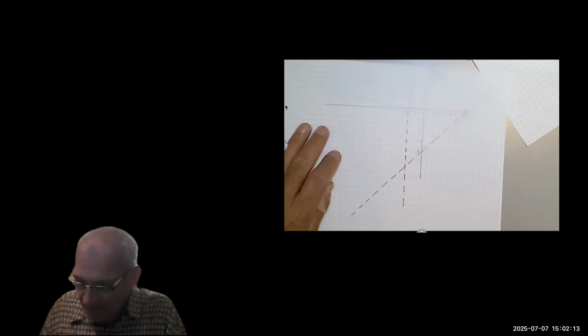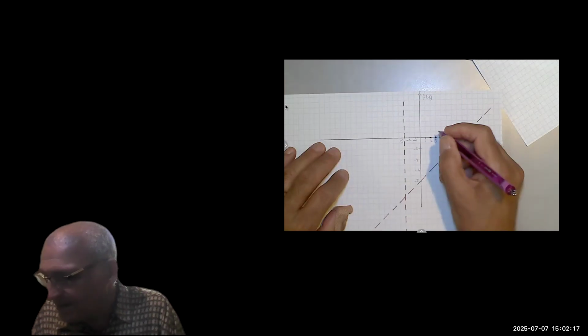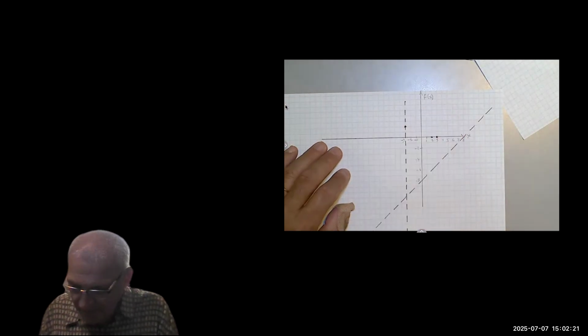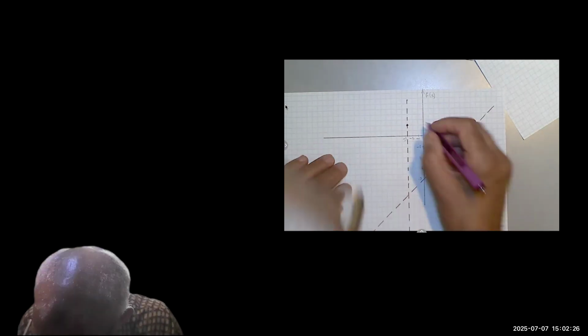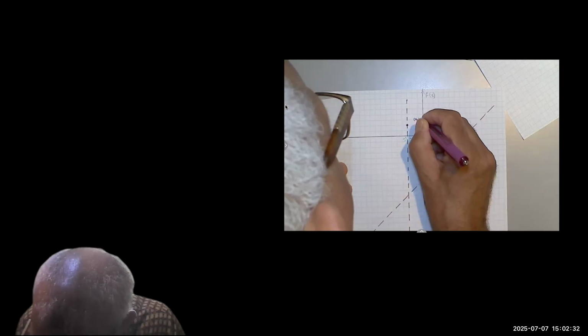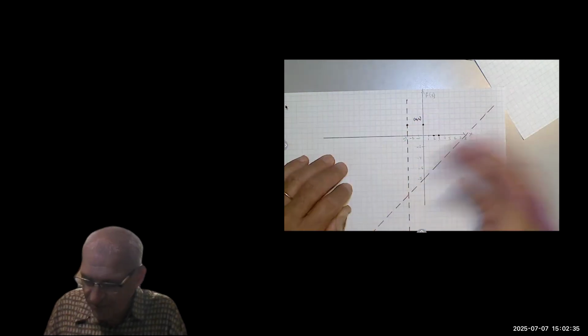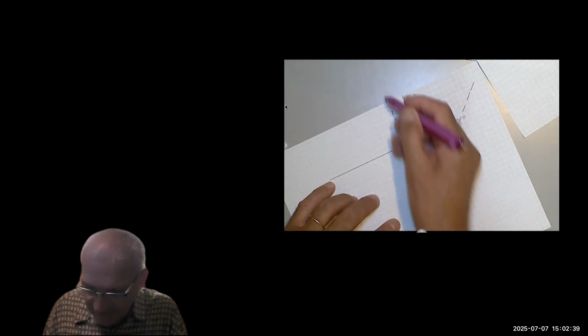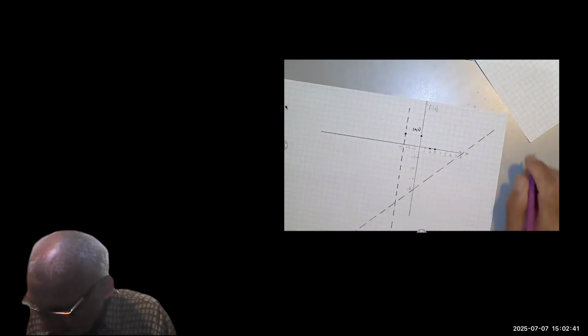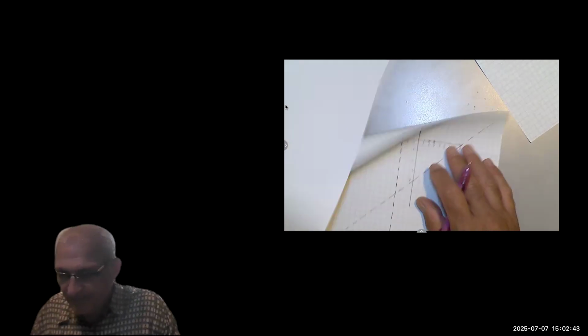Okay. So as we said, it's passing through 2 and 0 and 3 and 0, and 0 and 2. How do I cross that? 0 and 2 here, this is the y-intercept. 2 and 0, 3 and 0, I don't think we have. So I know that this piece is going like that, right? It's very easy.